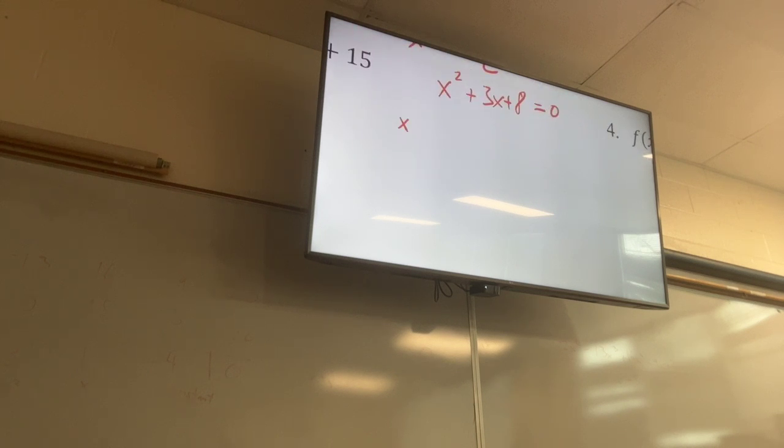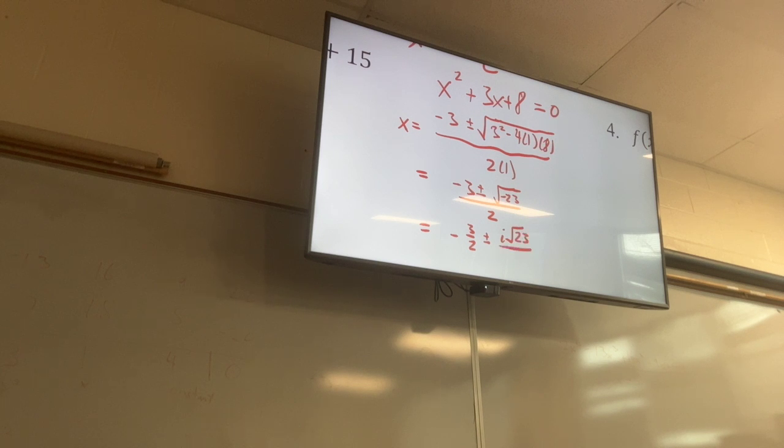So x is going to be equal to the opposite of b, plus or minus the square root of b squared minus 4 times a times c, all over 2 times a. 9 minus, what is that, 32? What is that, negative 23? There you go.